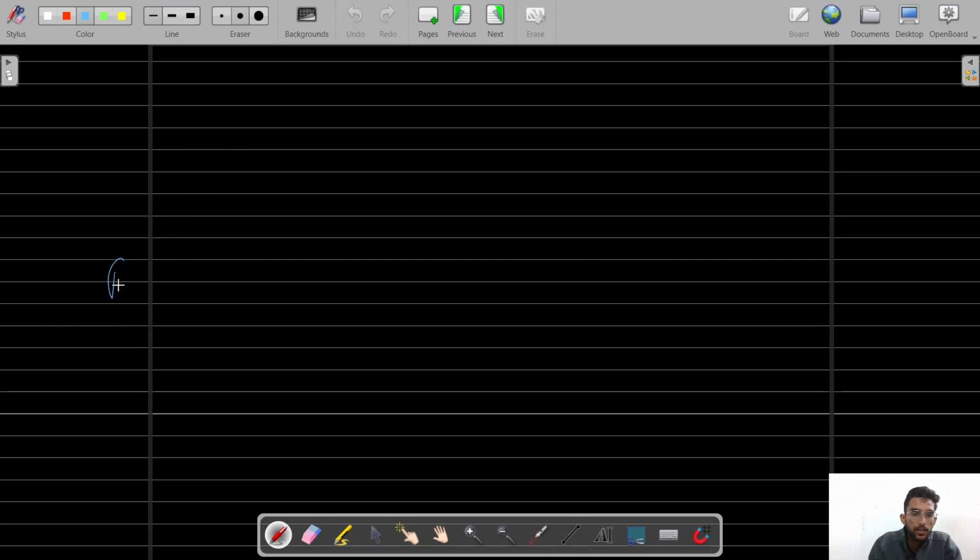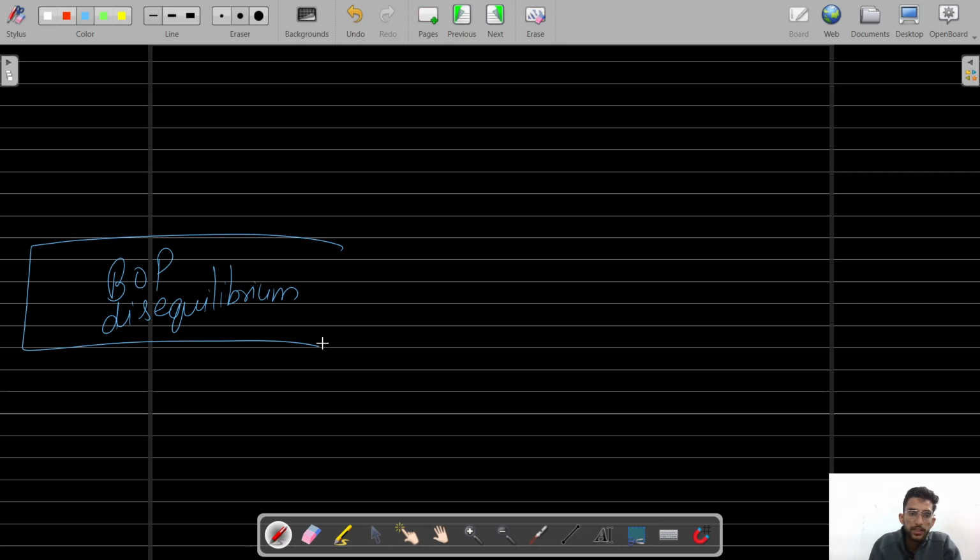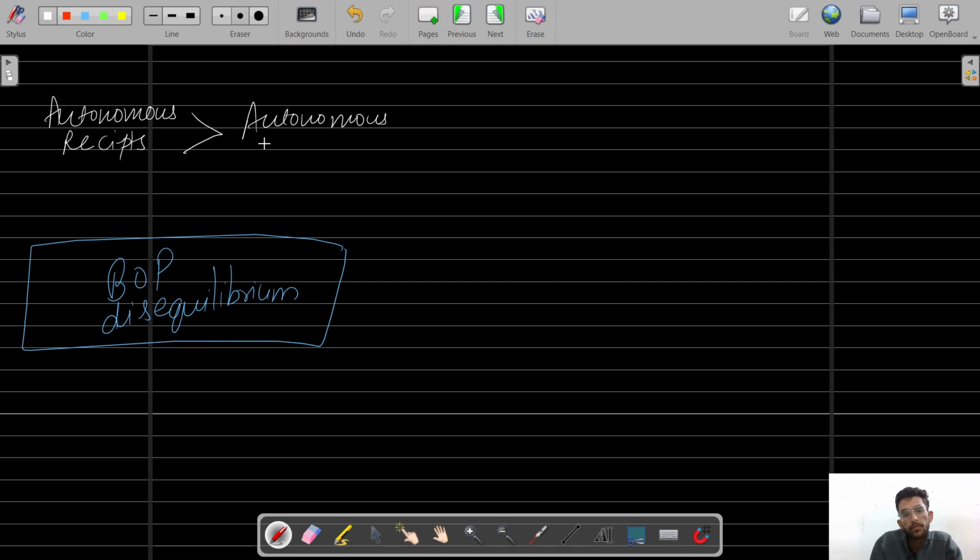So, balance of payment disequilibrium. What is the situation and how to correct it? First of all, when autonomous receipts are greater than autonomous payments, credit is greater than debit, which means the balance of payment is in surplus.